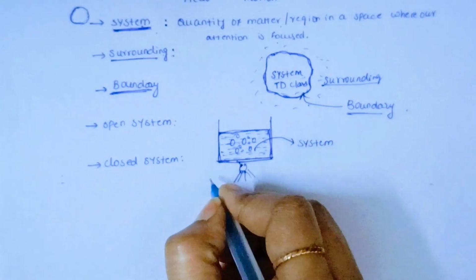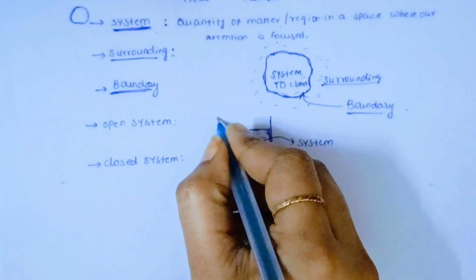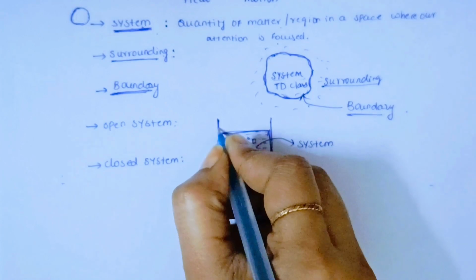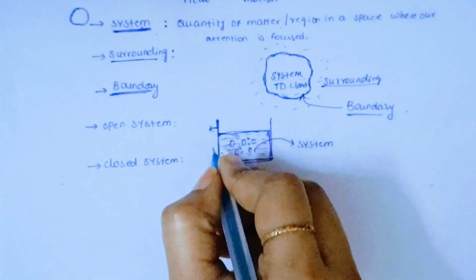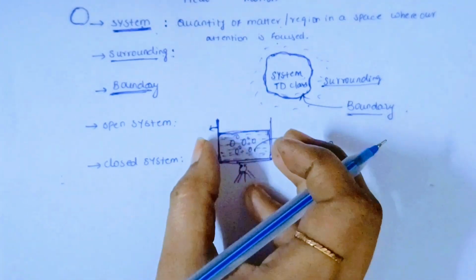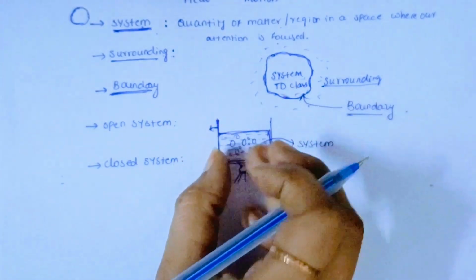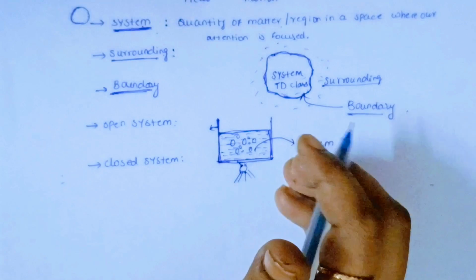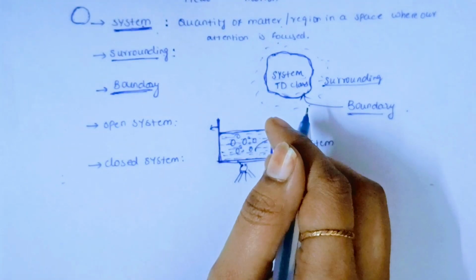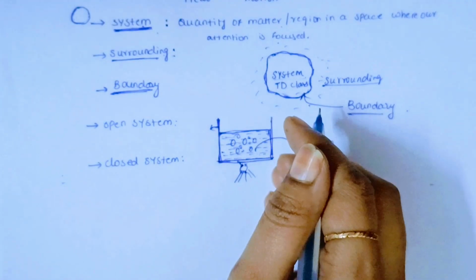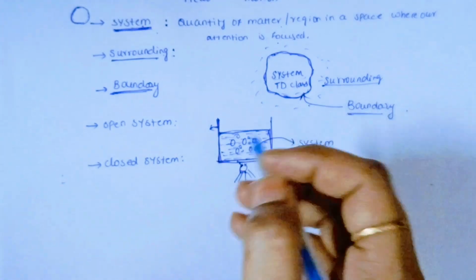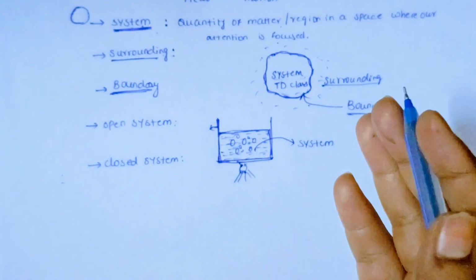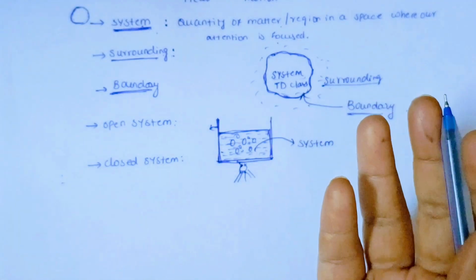And what is the surrounding? Everything which is external to this system, everything which is external to this container, is nothing but the surrounding. Like your father is asking whether tea is ready or not, I want to drink tea, or you are doing some activity, or your sister or your brother is doing some activity.